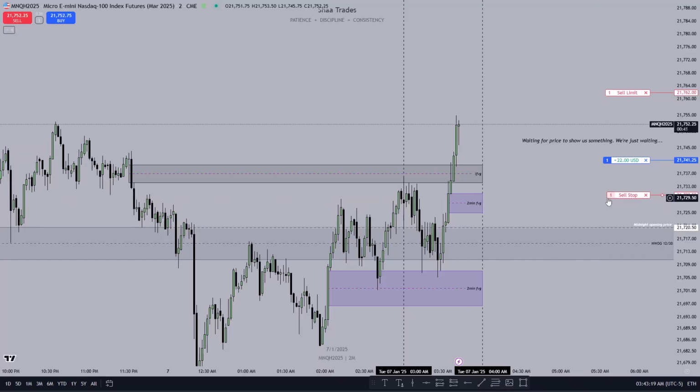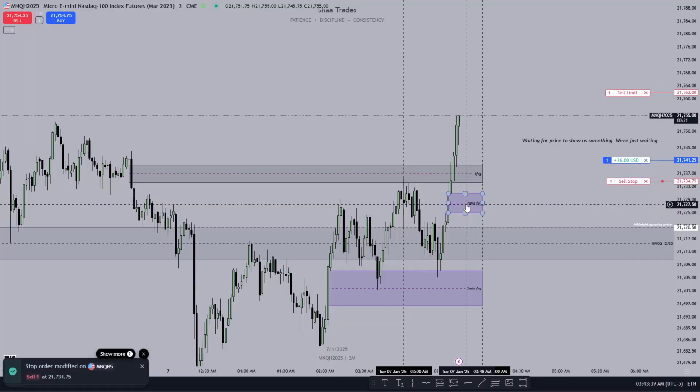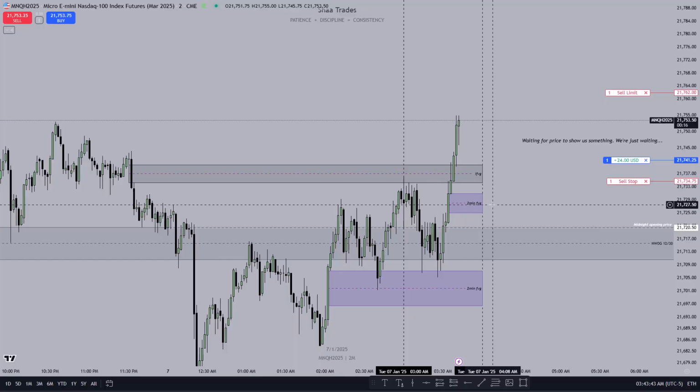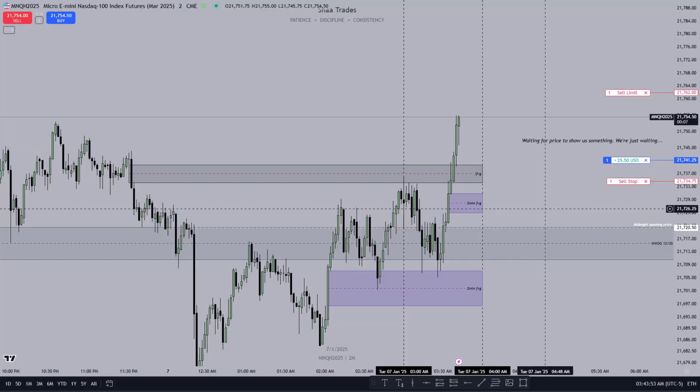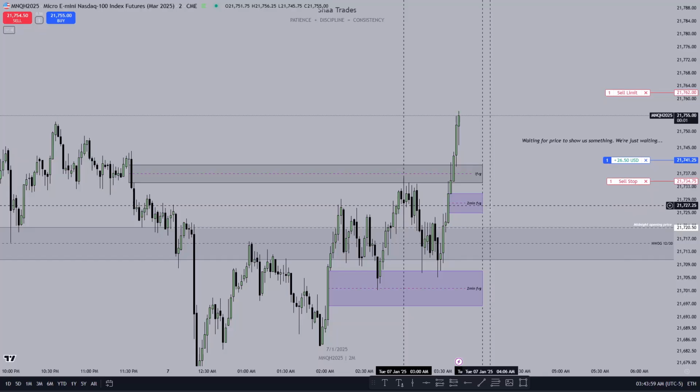So right now I'm thinking my stop loss is a little bit too wide, so I'm actually going to move it here and reduce it a little bit more, because I don't want to see price come back all the way here, and if it does, I don't want to be in the trade, right? And if it stops me out, then I'm taking a bigger loss than what I would have had if I put my stop loss here, if that makes sense.